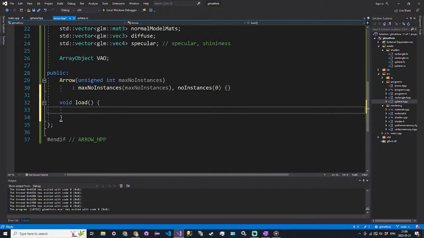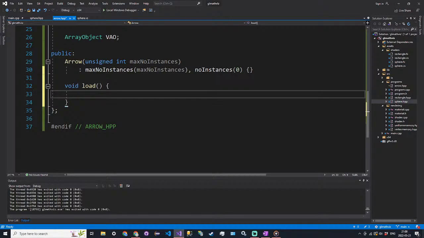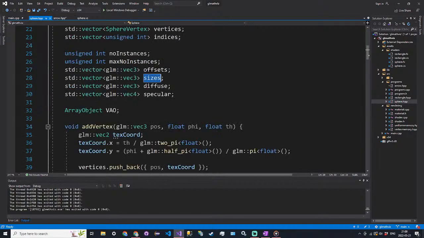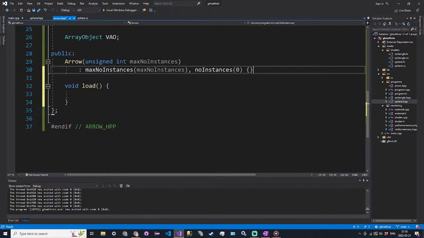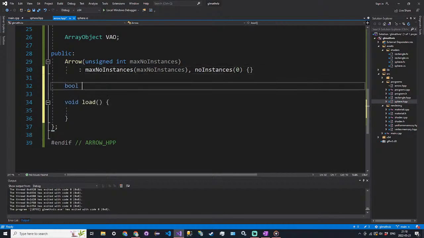Let me actually just zoom in for you guys here. So load is not going to be where we calculate. Actually, I suppose we have to do something first. Yeah, add instance is first. So we're going to have return type boolean, and it's going to be called add instance.